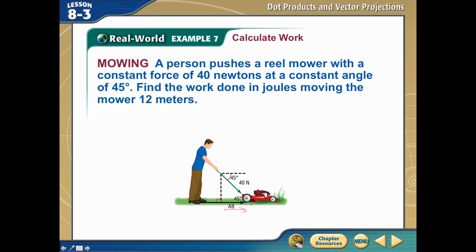And because this is the ground and it's level, that is 40 newtons times cosine of 45 degrees, which would be the amount of force going in the x direction. Interestingly enough, because it's 45 degrees, it would be the same amount of force going down in the y direction.